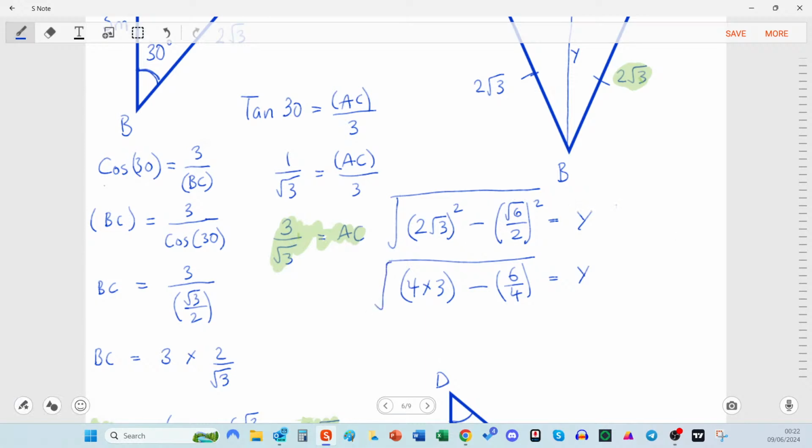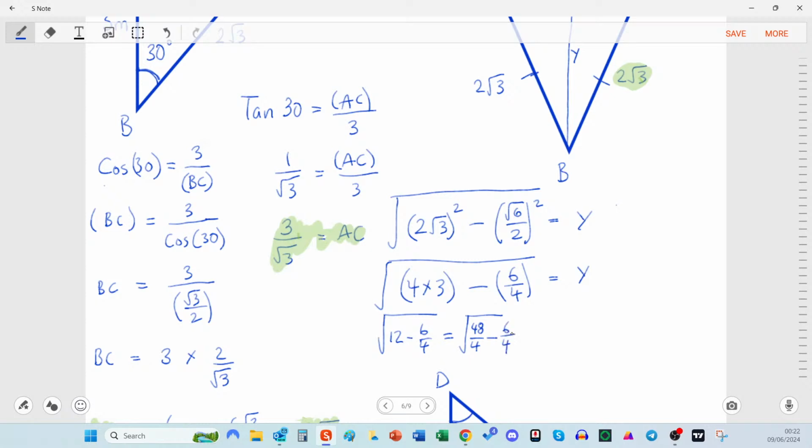And I so wanted to go through everything as thoroughly as I could. We're at 12, take away 6 over 4, which is the square root of 48 over 4. 12 is 48 over 4.